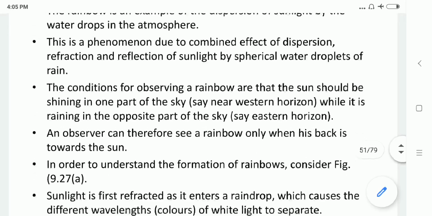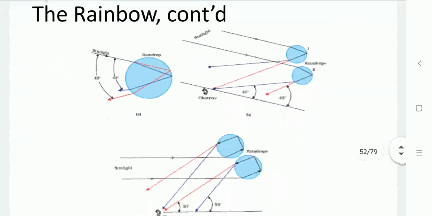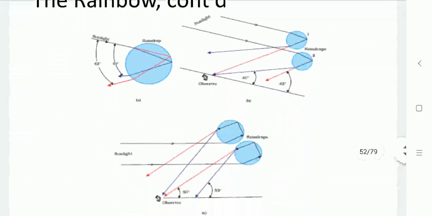Now for that, see the diagram over here. As sunlight passes through the water drop, it is refracted from air to the raindrop, which causes the different wavelengths, or the different color spectrum, of the white light to separate into color components.